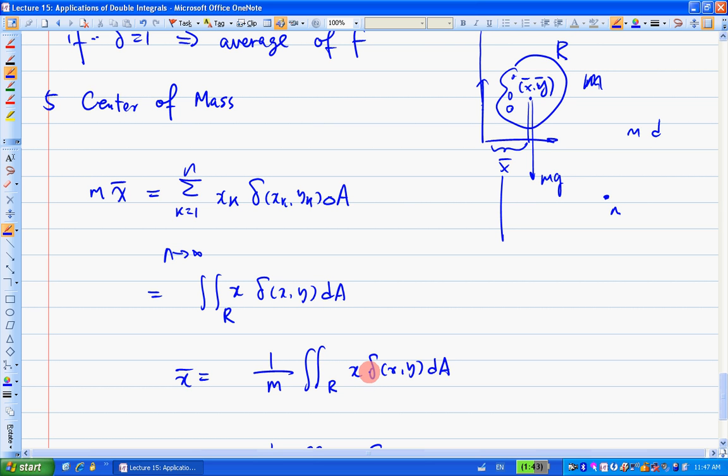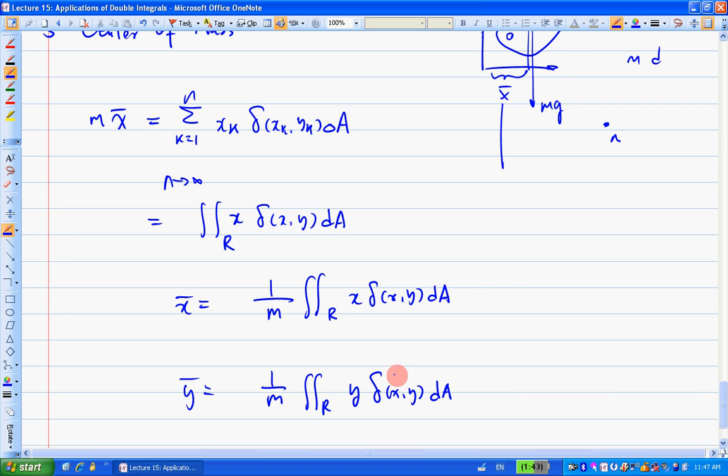If I change the f to y, I get this guy here. So basically, these two are a weighted average concept. Does that make sense? Of course. You're looking for the x bar, the average of x, so you're weighting x within this region R.